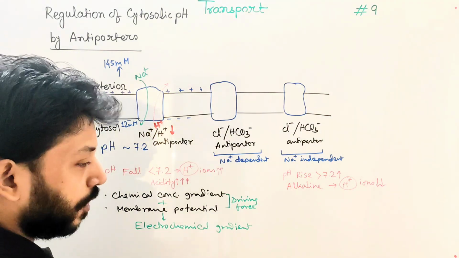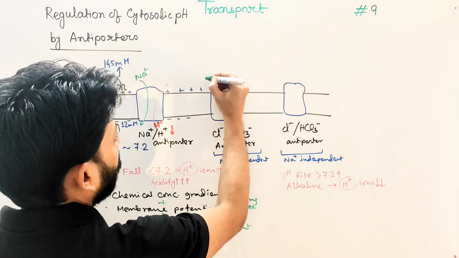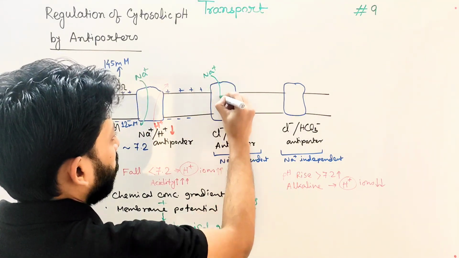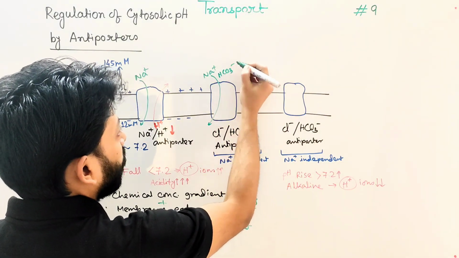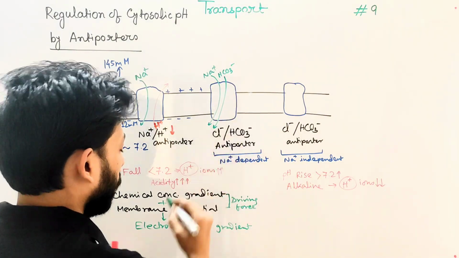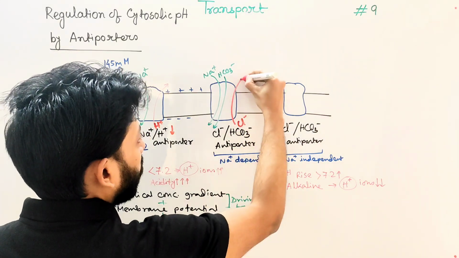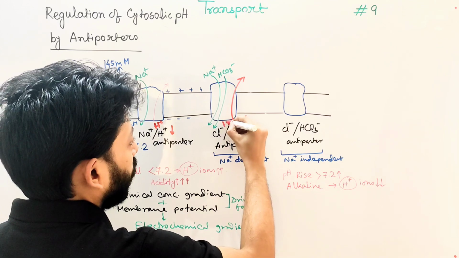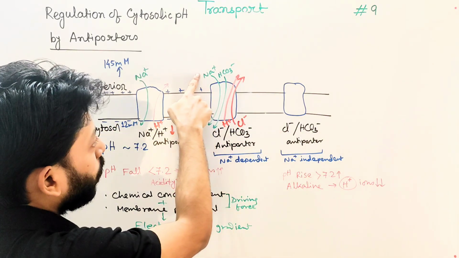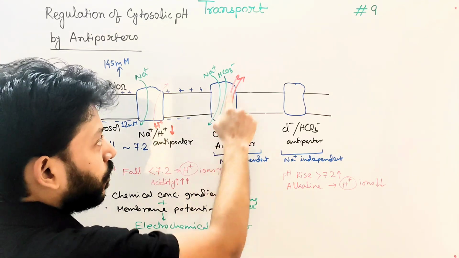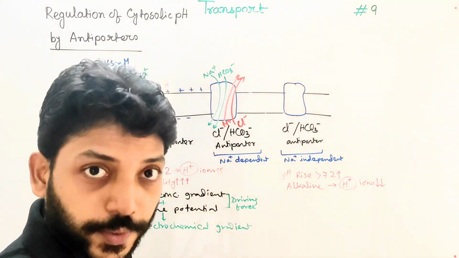Now, how does the chlorine bicarbonate antiporter, that is sodium dependent, work? Here also sodium is transported inside the cell along with bicarbonate ion, and simultaneously chlorine is exported and one hydrogen ion is exported out. So as you can see, one positive ion imported, one positive ion exported, one negative ion imported, and one negative ion exported.